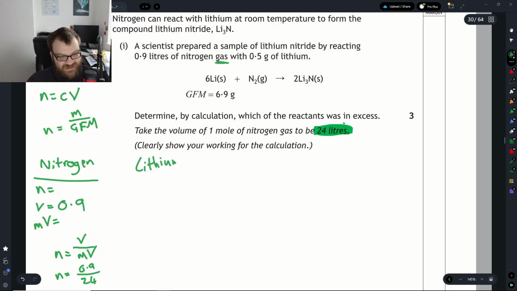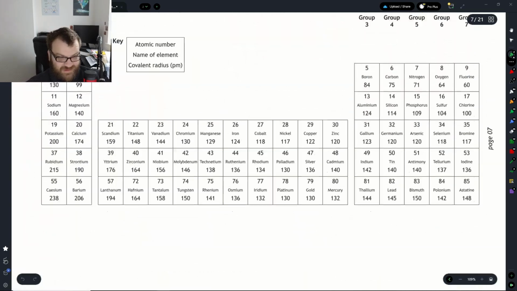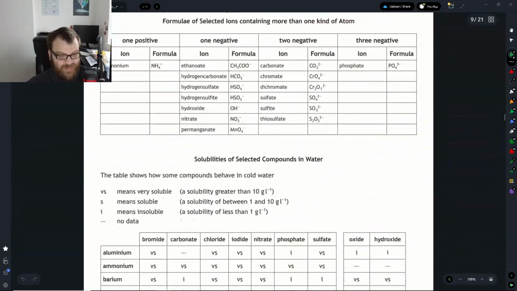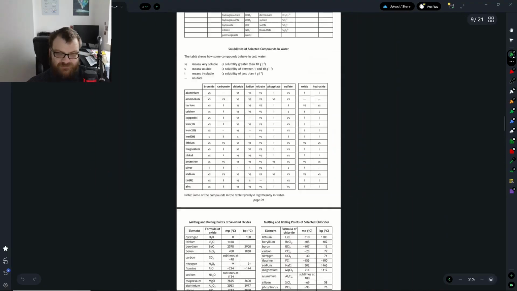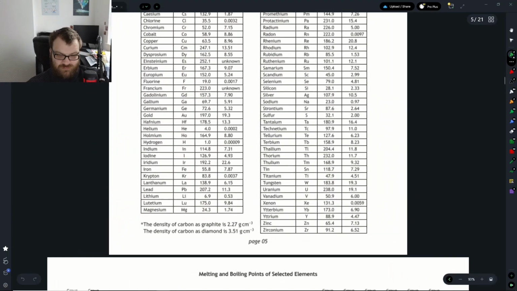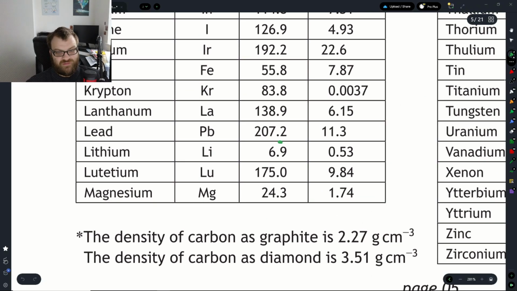We're given the mass, so we're going to use n equals m over GFM. Mass is 0.5. GFM we can get from the data booklet. But the value we're going to use is 6.9.